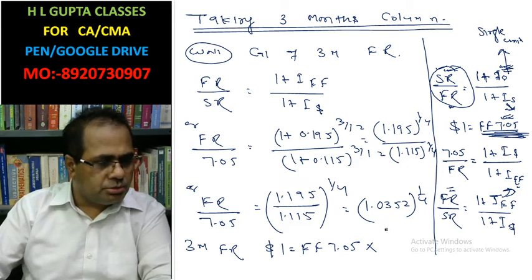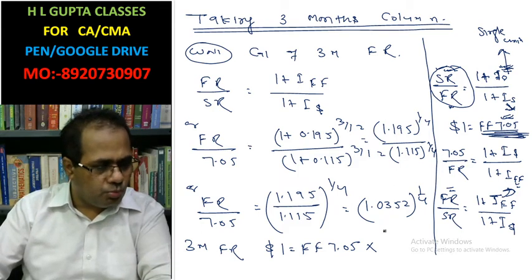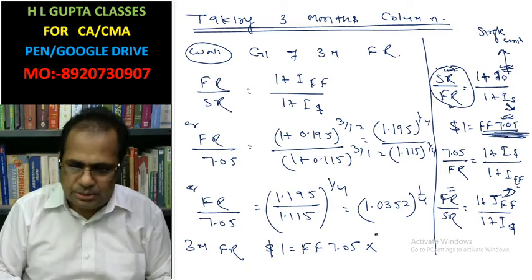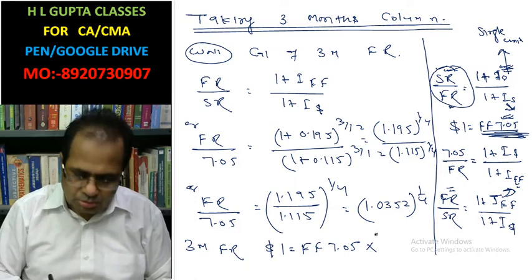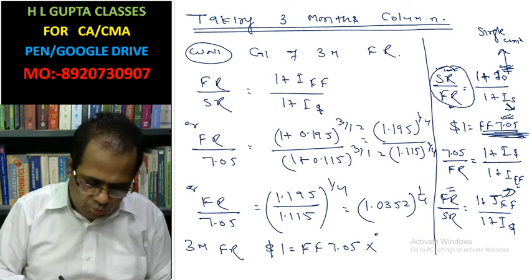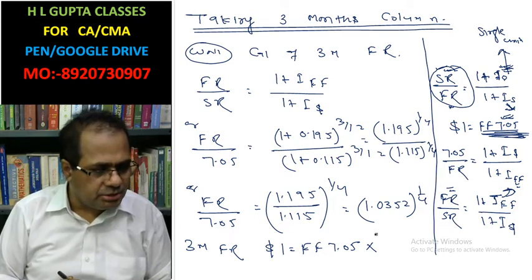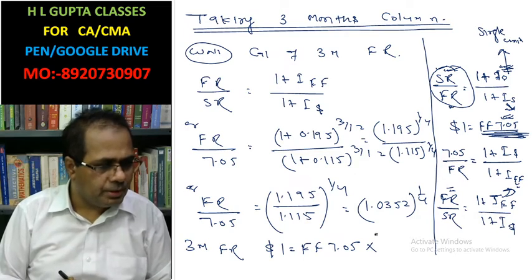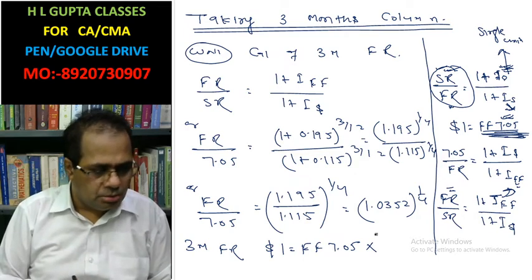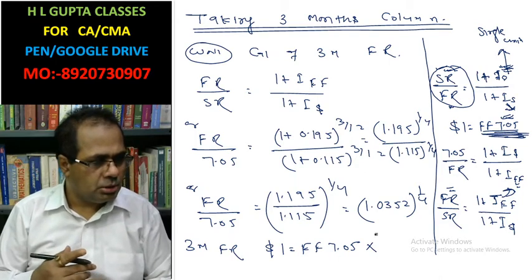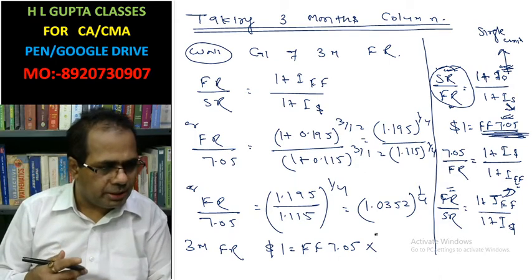What is the value of this? 1.0352, 2 times root, 1 times root and 2 times root. This is the 3-month forward rate.